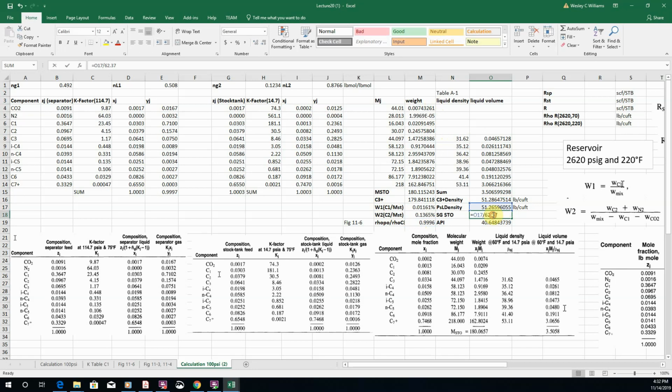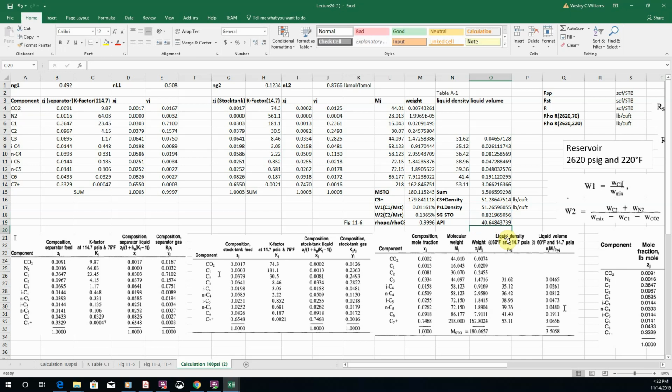Now, calculating stock tank gravity, we would just divide the pseudo liquid density at the surface by 62.37, that's water. And then to get the API gravity, we use the API formula, and that will calculate our API gravity. So that's to that point.